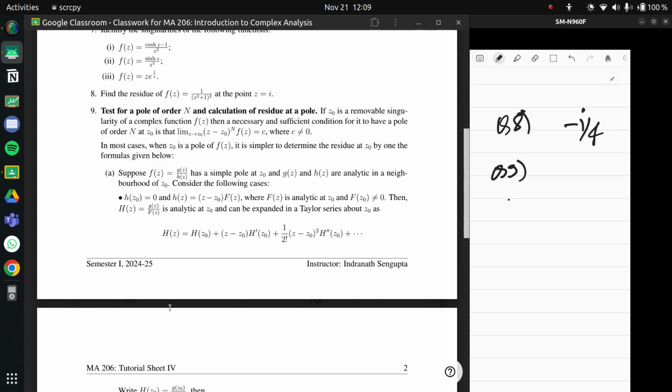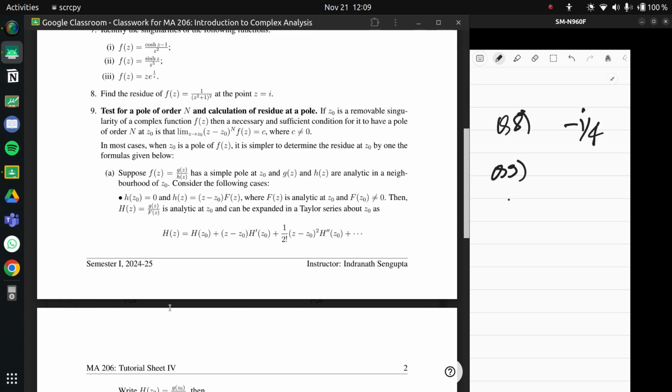Wait, this is very weird. If z0 is a removable singularity of a complex function f of z, then a necessary and sufficient condition for it to have a pole of order n at z0. How does that even make sense? What the hell?